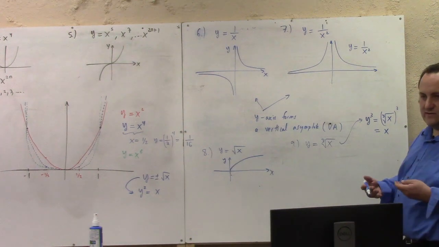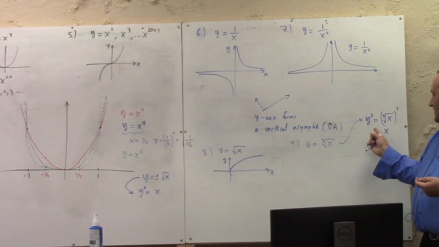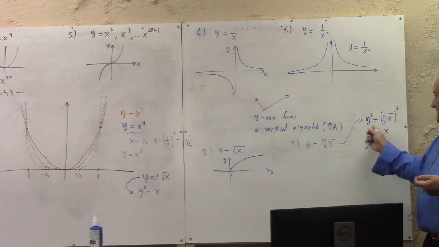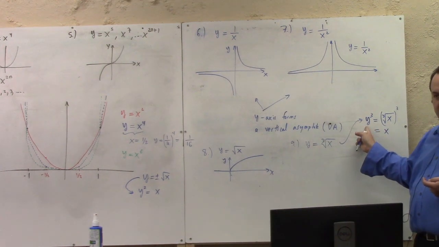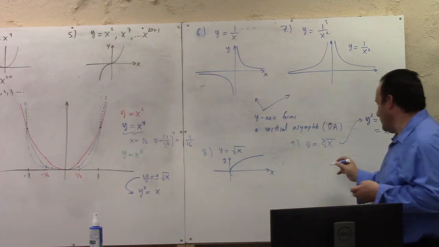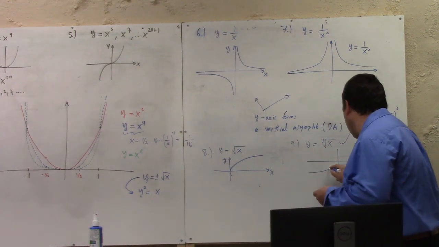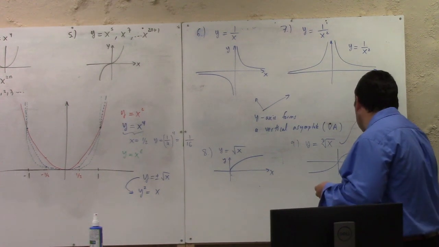Right, the cube root of x cubed is x again. So this is really the same as the graph of the equation x equals y cubed. And that's just the cubic graph turned on its side. So you can understand the cube root function as just being the cubic graph turned sideways.